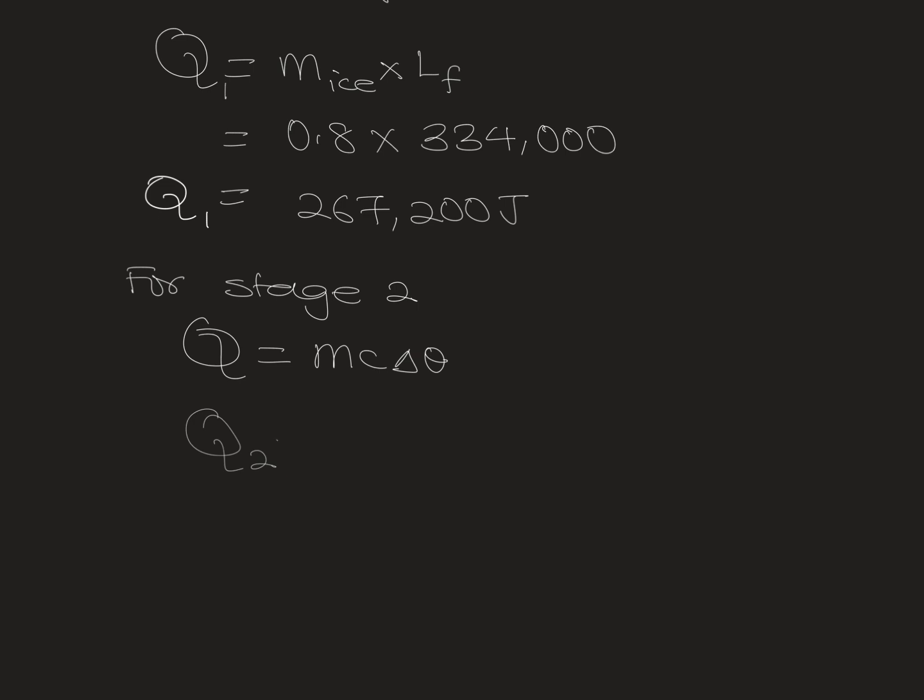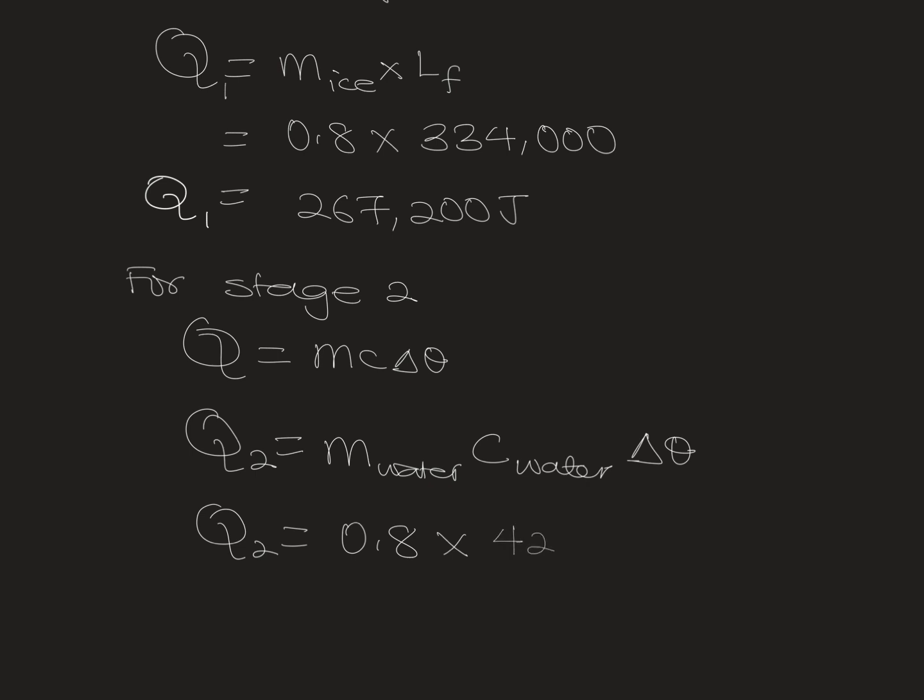Q2 is going to be equal to the mass of the water, the specific heat capacity of the water, times the change in temperature. Q2 is equal to the mass of the water, 0.8, multiplied by the specific heat capacity of water, 4,200, multiplied by the change in temperature.